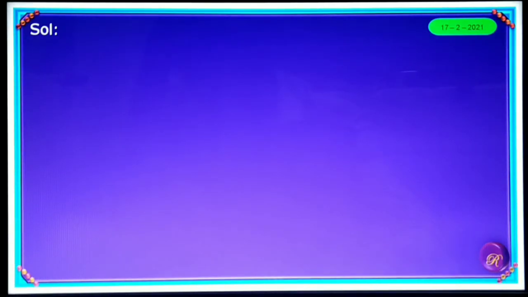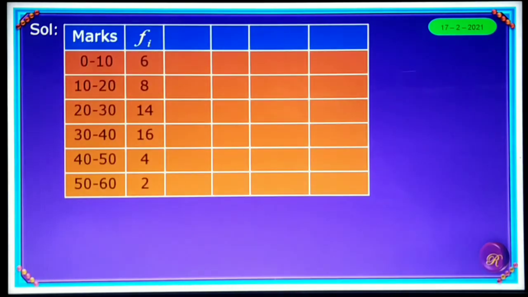Solution. Let us take the given data. Calculate sum of frequencies, that is n is equal to summation of fi is equal to 50. Next column is for cumulative frequency.